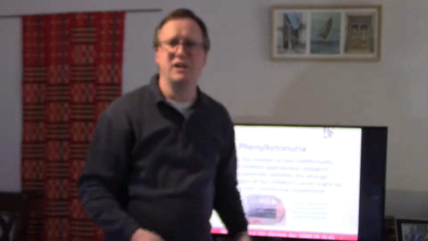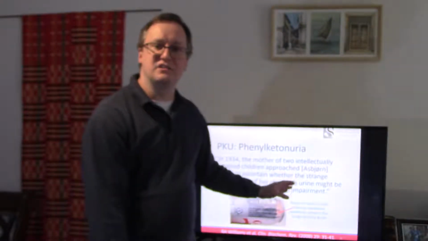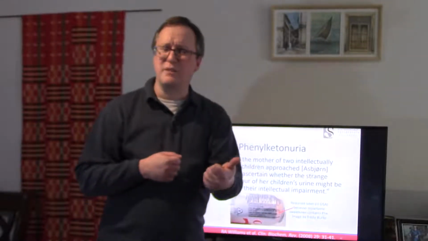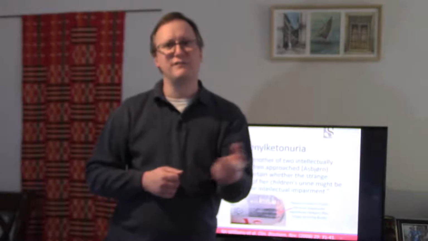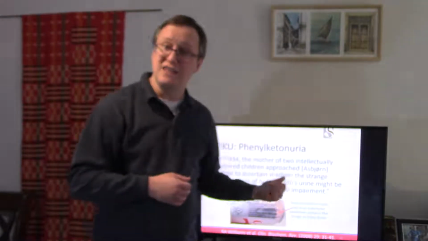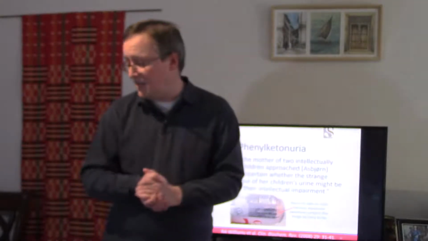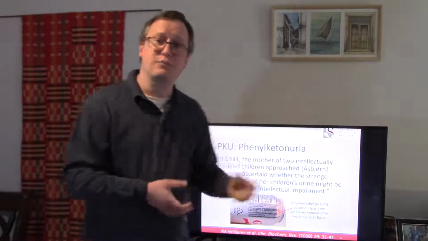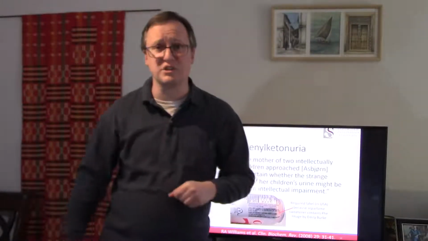We excrete metabolites all the time. So in this case, the fact that this woman's two children both had the intellectual impairment and had a strange musky smell to their urine flagged her to go talk to the biochemist. And that's how we learned what phenylketonuria is, how it results in these frustrating side effects. So this is an example of an inborn disease that we can detect through newborn screening.